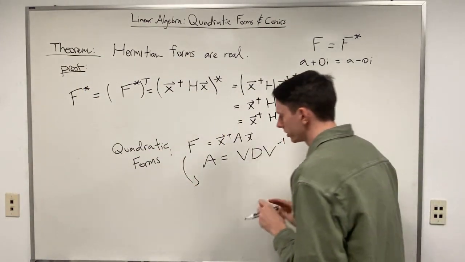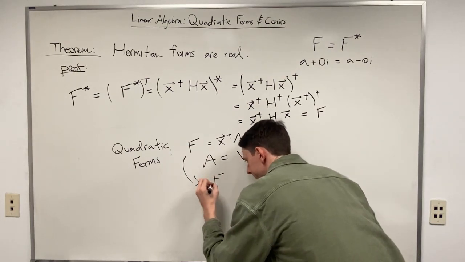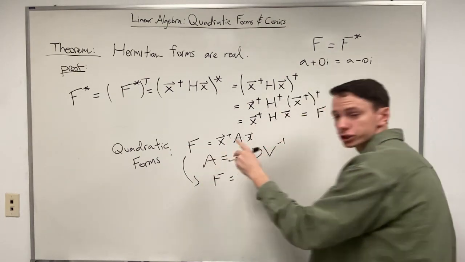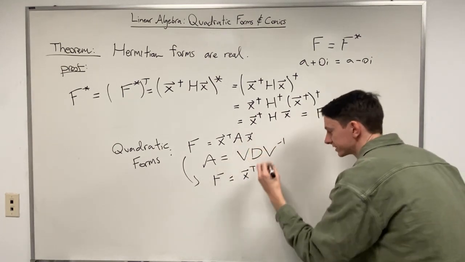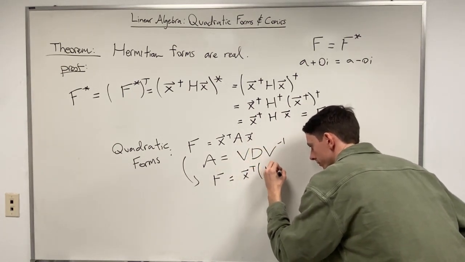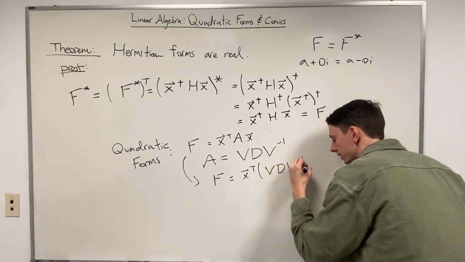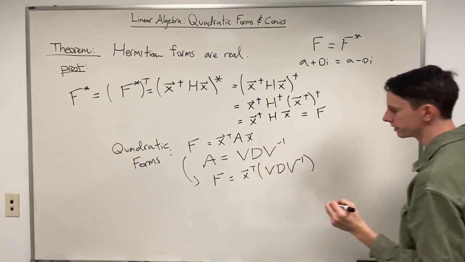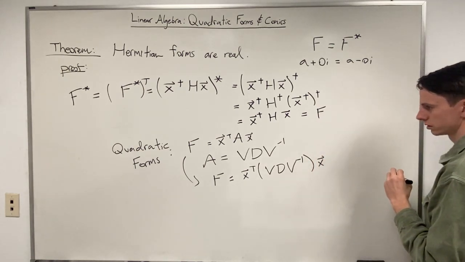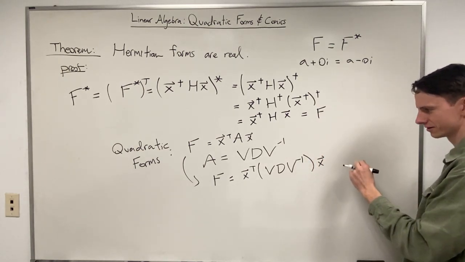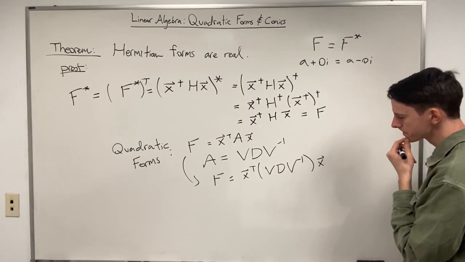So now my quadratic form f is, we're still going to have x transpose out in the front. And then instead of A, we're going to write its diagonalized form, V D V inverse. And then we're going to have x on the right, like that.